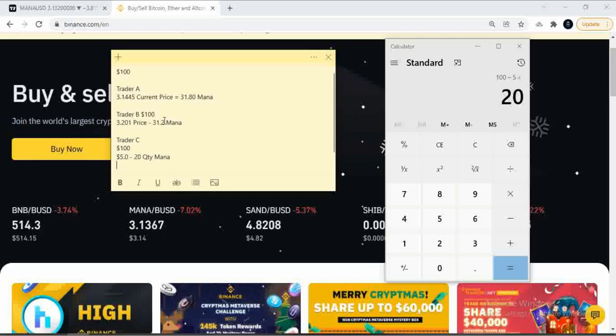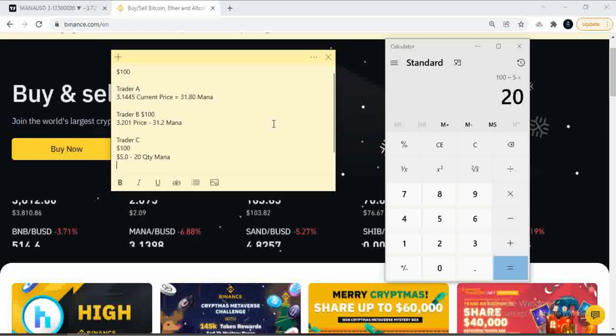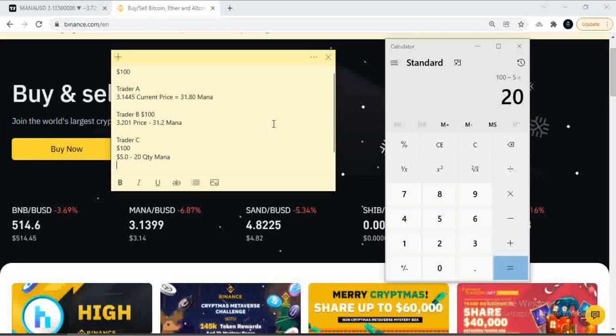So this, with respect to price and change, is going to change the quantity you are buying with your money. Now let's say these different traders bought at different prices. We're going to be using this concept to explain spot trading when it comes to cryptocurrencies. Three different traders bought at three different prices.